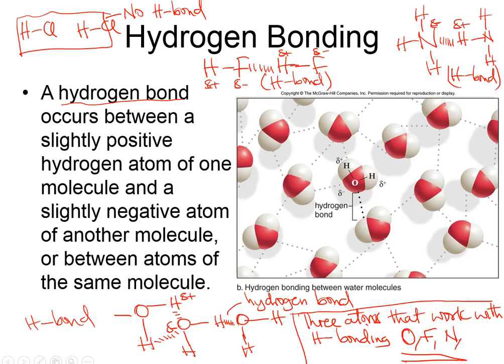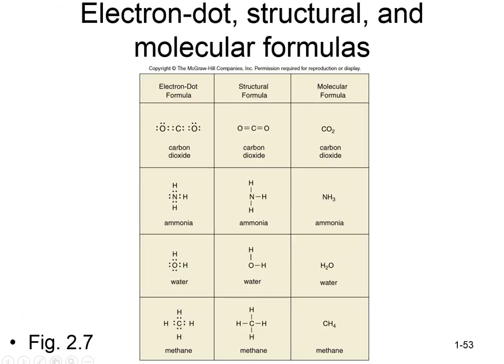And with water, hydrogen bond is really important. Water has very strong hydrogen bond. That's why it has a high boiling point. So I'll just write here, and you should write that down. Water has very strong hydrogen bond.